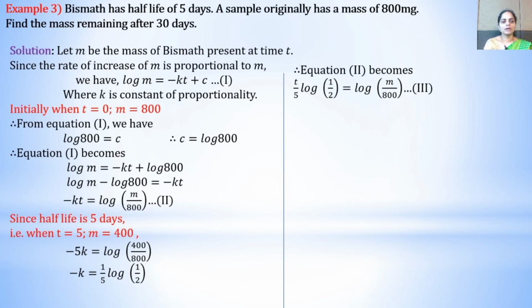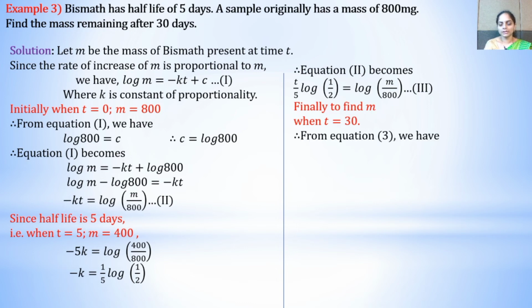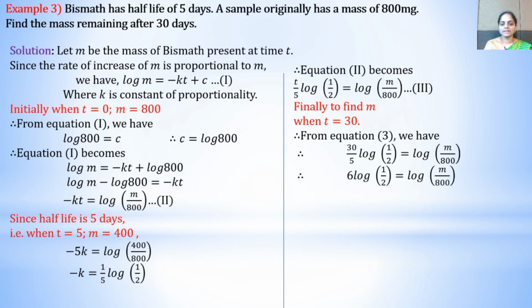We have to find the mass after 30 days, that is, to find m when t equal to 30. From equation 3 we get 30 divided by 5 into log of 1 upon 2 is equal to log of m divided by 800. Therefore, 6 into log of half is equal to log of m divided by 800. We know that n into log m is equal to log of m raised to n.